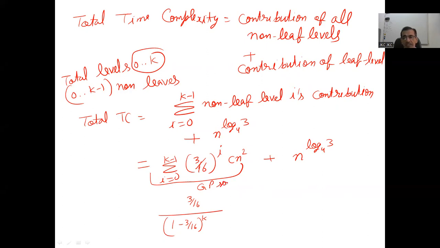So in the GP series, I can easily find something like this, plus n raised to log base 4 of 3. But further, how to solve? And Cn square is already there. Now what? Not easily solvable. I am not able to reach some quadratic equation, or real equation, where I can simply say that now I can find out big O. No, I am not able to.